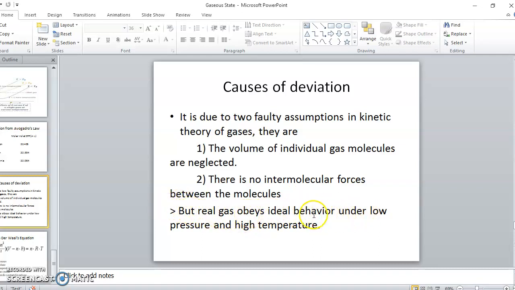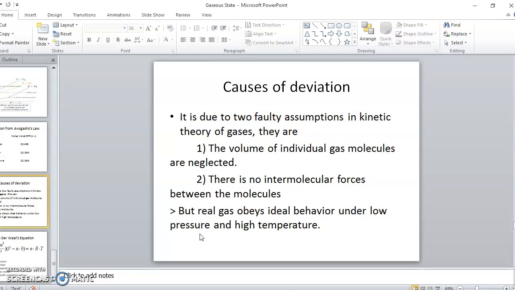Real gases obey ideal behavior under low pressure and high temperature, because under low pressure the volume of the container is too large. Since the volume of the container is too large, what happens? The molecules can move very freely and they can remain far apart, because the volume of the container is very large.